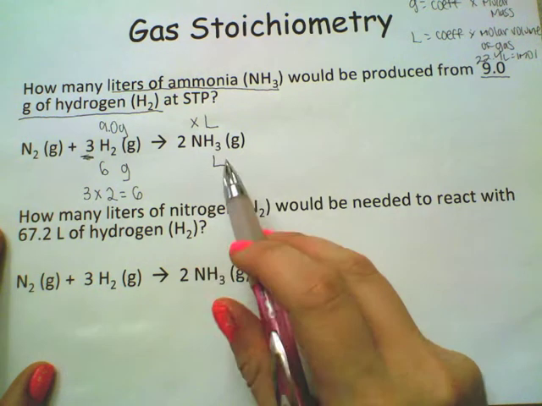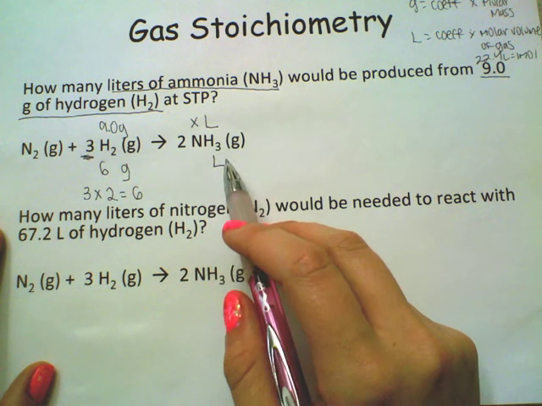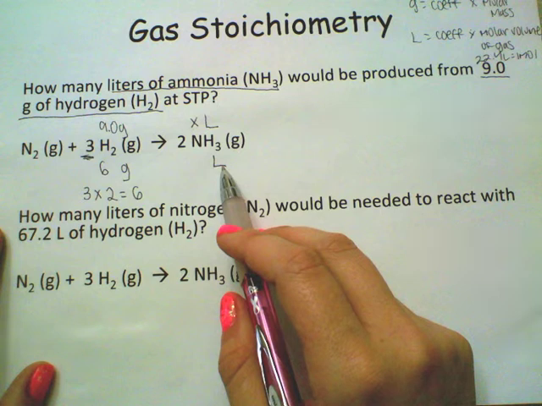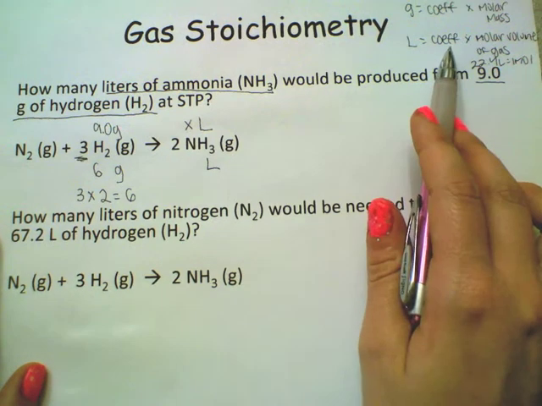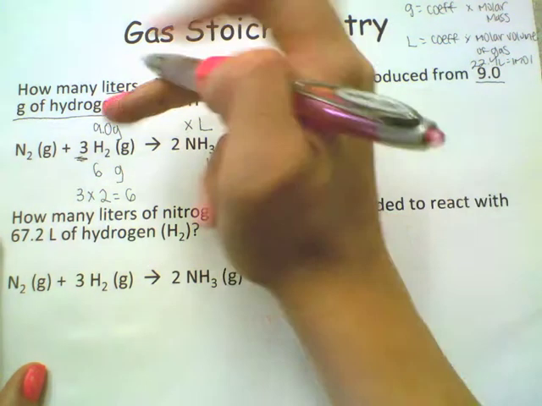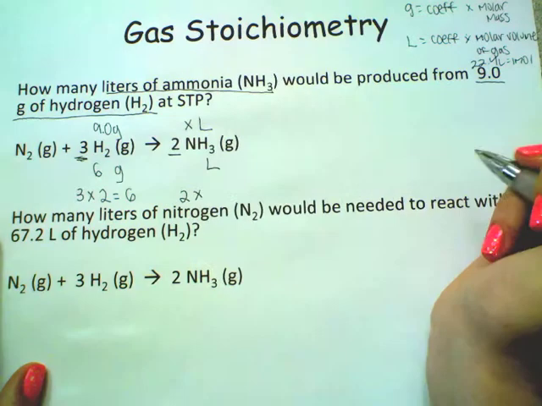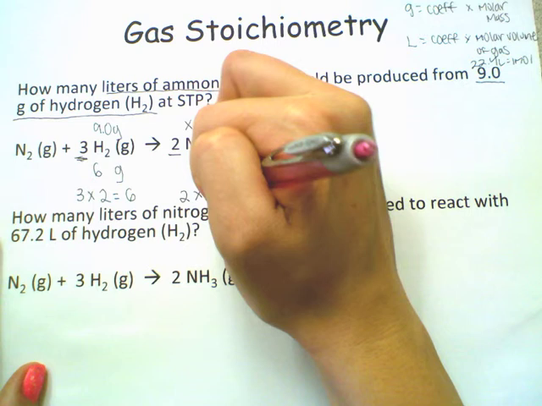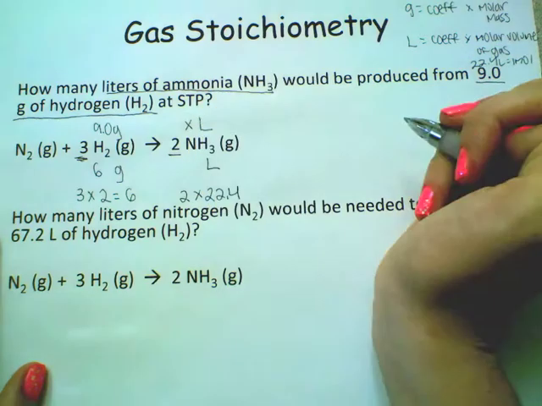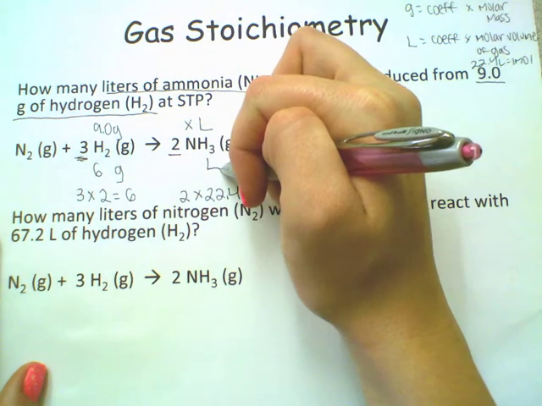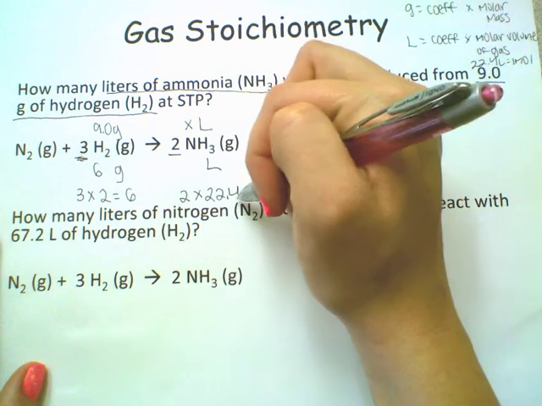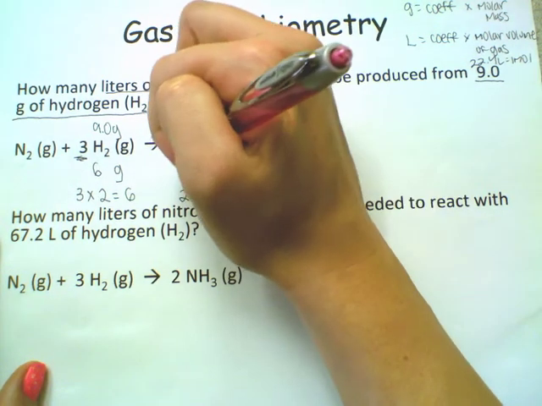In the next problem, we've got liters. So if you bring down liters, you're multiplying the coefficient by molar volume of gas. My coefficient is 2 times 22.4. Every time you bring down liters, you multiply the coefficient by 22.4. That's the molar volume of gas.